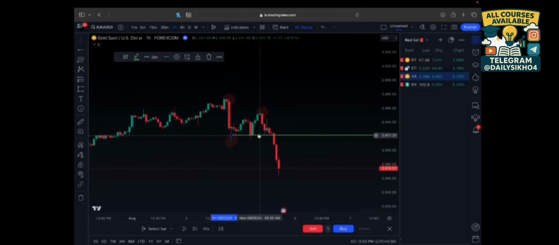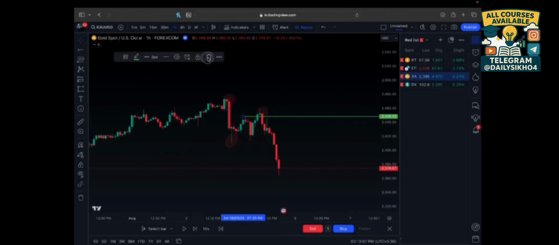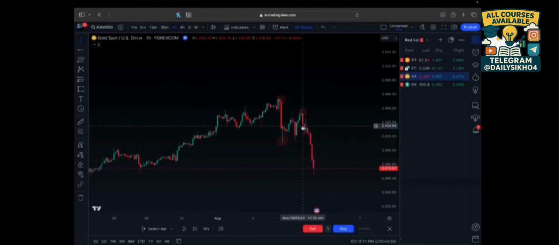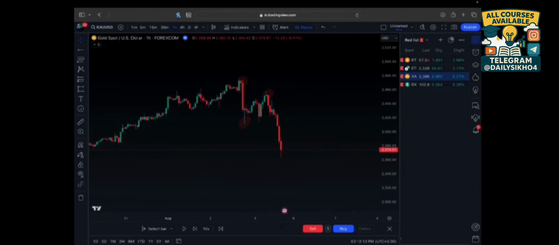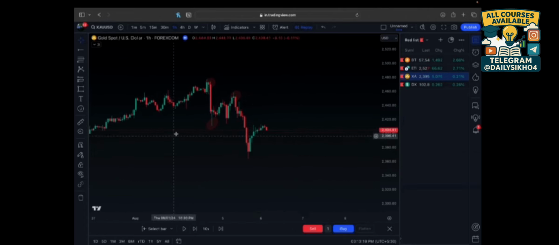First it went down and liquidated the buyers, then went up and liquidated the sellers, and then it actually gave the move. This is what I want you to understand, because the market moves in this fashion, and right now something similar is happening.